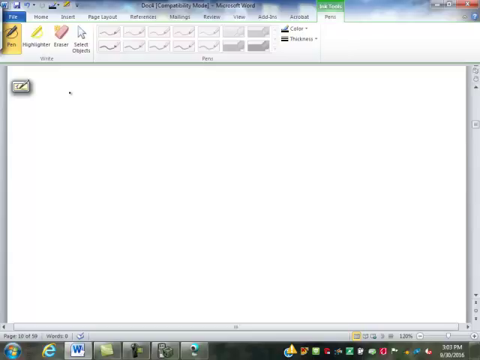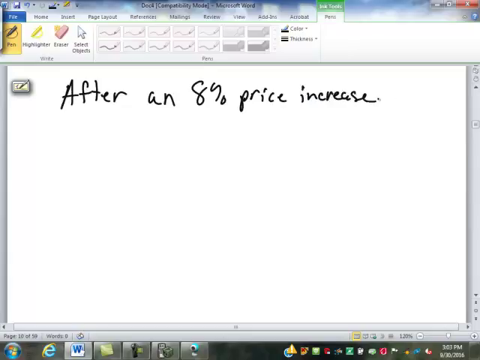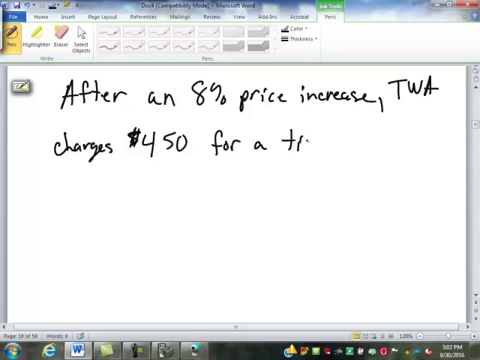So let's say that after an 8% price increase, TWA charges $450 for a ticket.